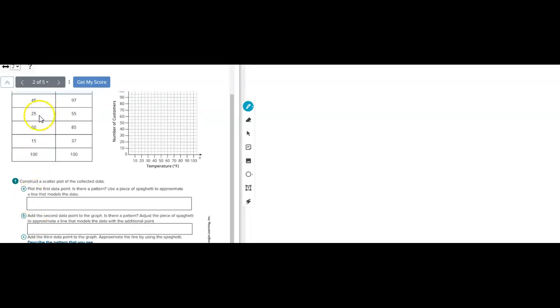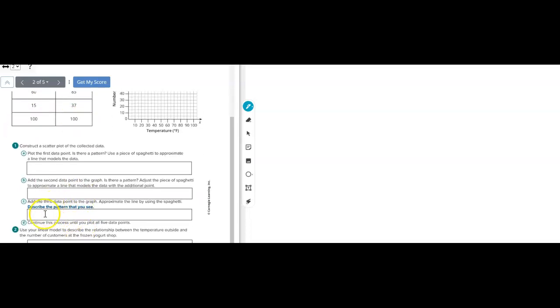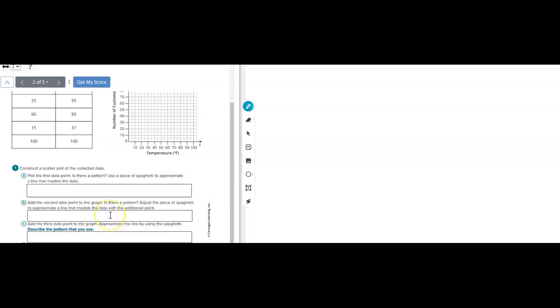And then once you plot the second point, (25, 55), you'll answer question B. When you plot this third point, (60, 85), you'll answer question C. And then you'll plot the rest of the data points. Once you have all 5 plotted, you're going to answer some more questions.